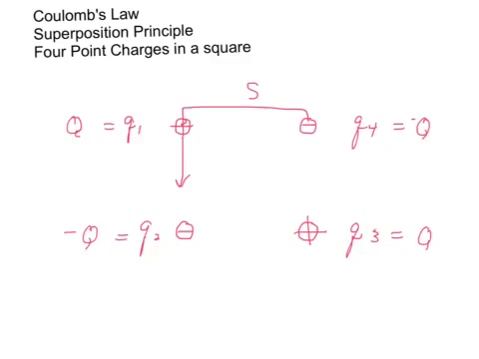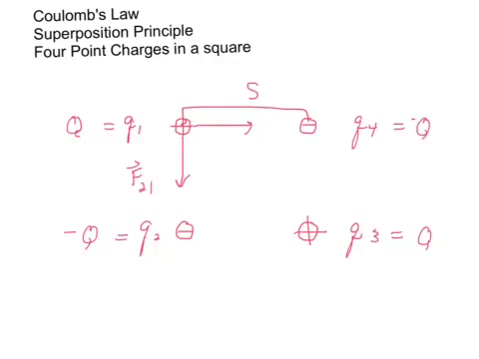And you can see that Q4, same distance, same magnitude, is going to be an attractive force of the same length. So if I label these, this is F2 on 1.